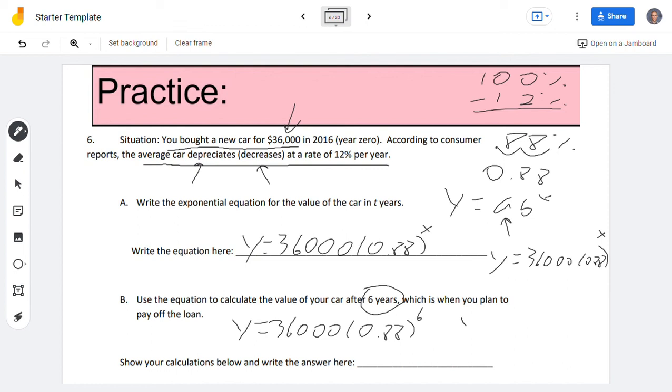When we get done calculating that, we see that it gives us 16,719, and there are lots of decimals after that, of course. So I'm just going to round this to the nearest dollar, because if we were on a car sales lot, they would do that. So we're going to put that total in there, $16,719 for our total, the value of our car after 6 years.